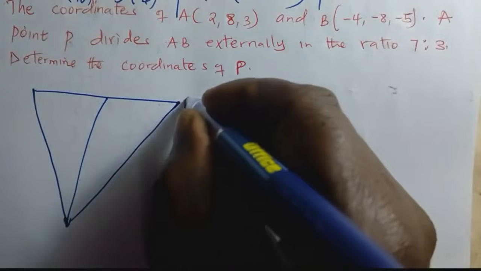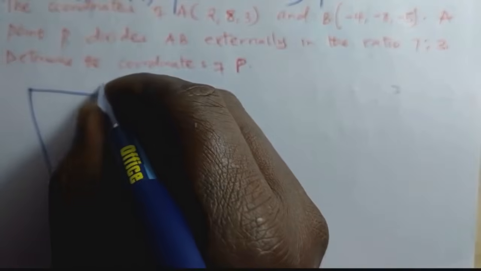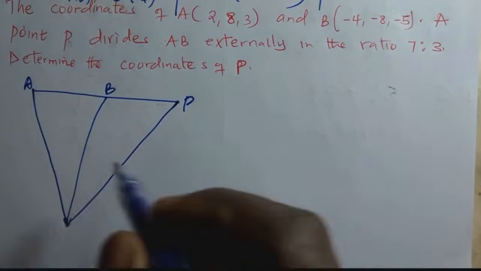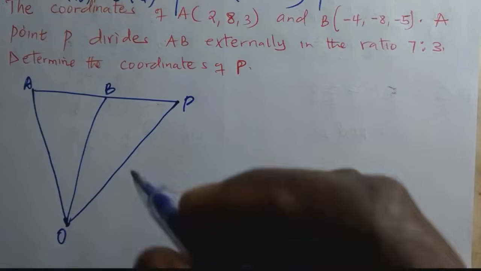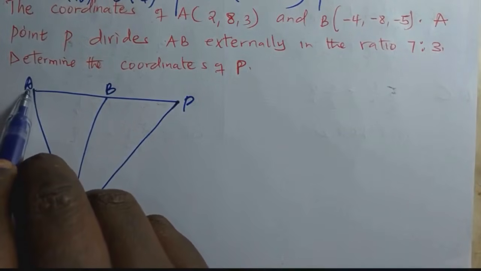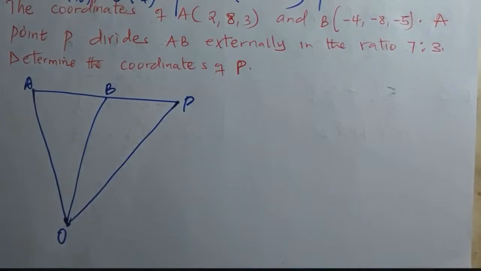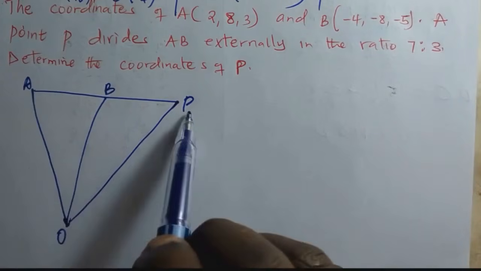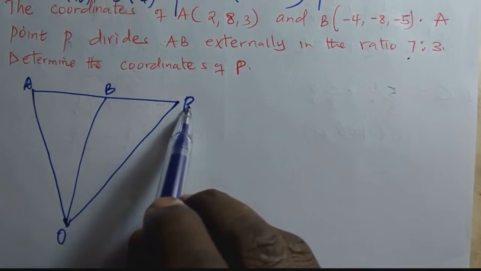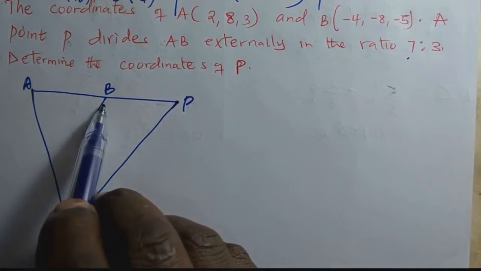So this is B, this is P, and this is A. We have the coordinates of A. This is O. So from A to B is 7 units. From P to here is 3 units.